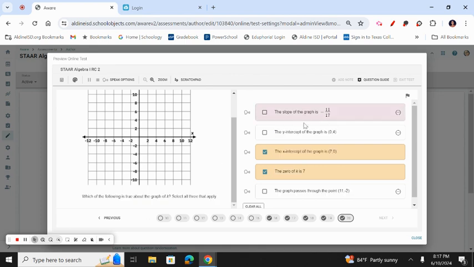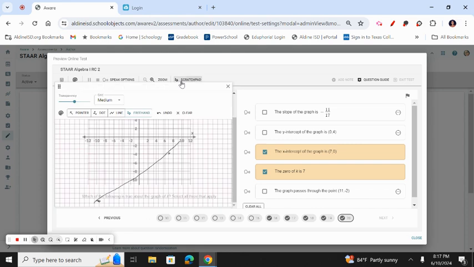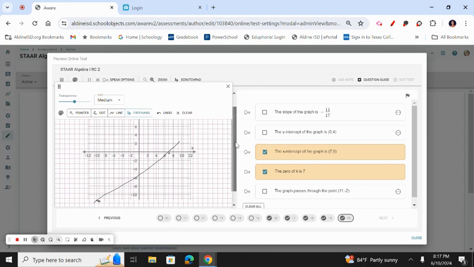So we know it's not the slope. And let's see. +2, no. 0, +4, no. That doesn't even make sense.